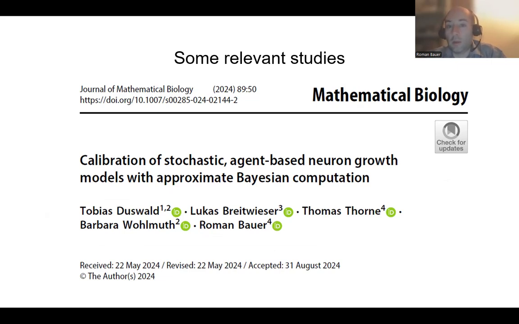So it's not only, of course, a single neuron that we're trying to reproduce, but we usually have many neurons of the same type. And so we want to get as close as possible to the actual distribution of those observations. And so people who are interested in this line of research are very much encouraged to have a look into these papers, and we have several more, but I just wanted to highlight here 2 recent papers in this direction.